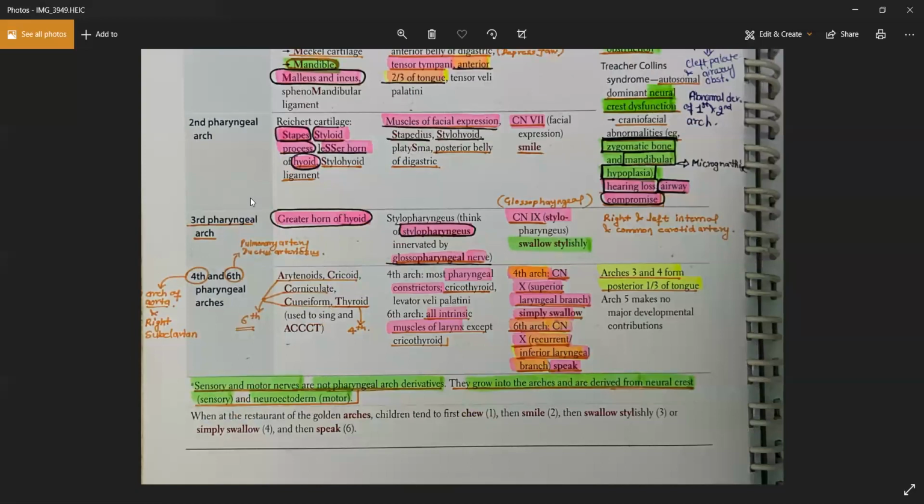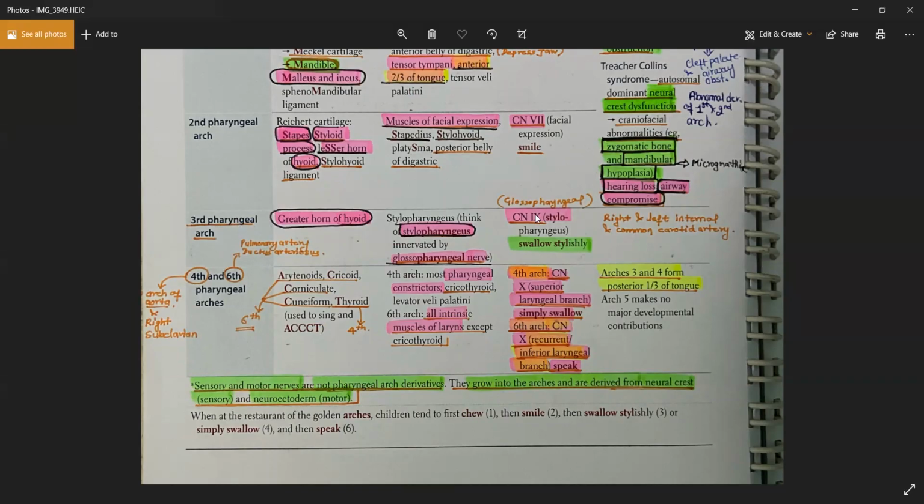Now you have the third arch, and it is supplied by the ninth nerve. For the bone, this nerve supplies the greater horn of the hyoid bone. So the lesser horn is for the second arch, the greater horn for the third arch, and that is the only bone formed by the third pharyngeal arch.